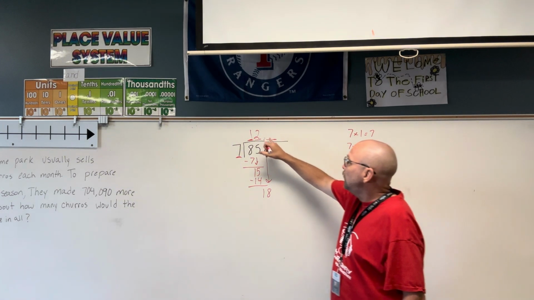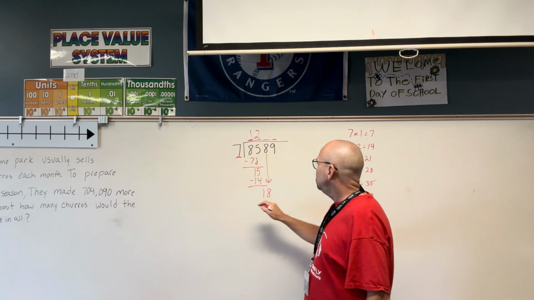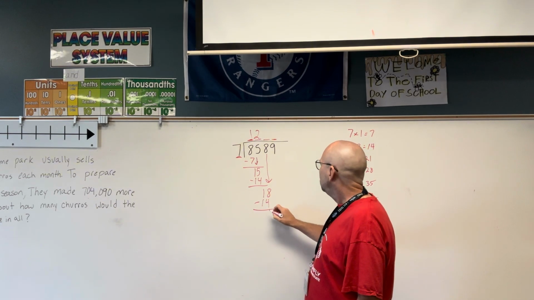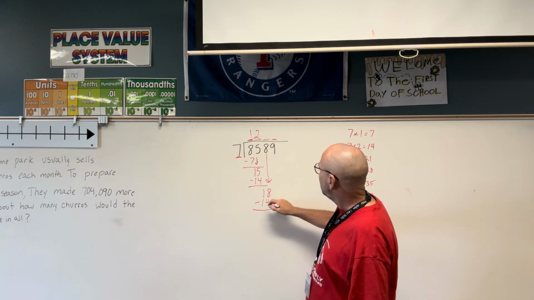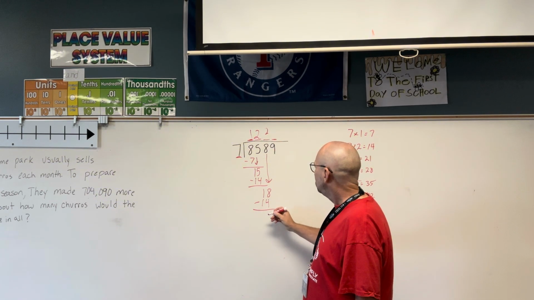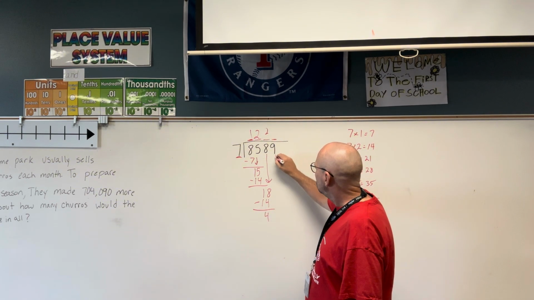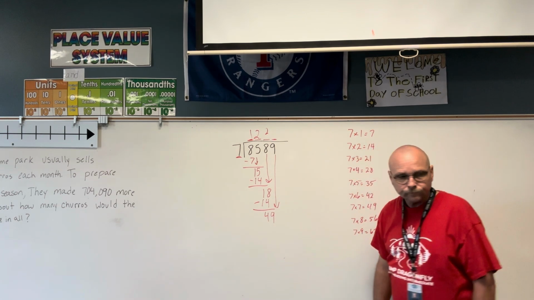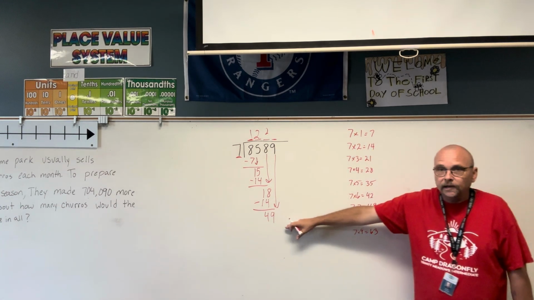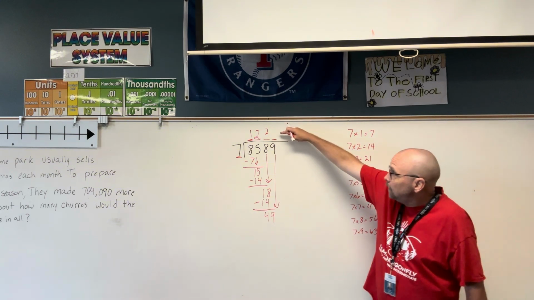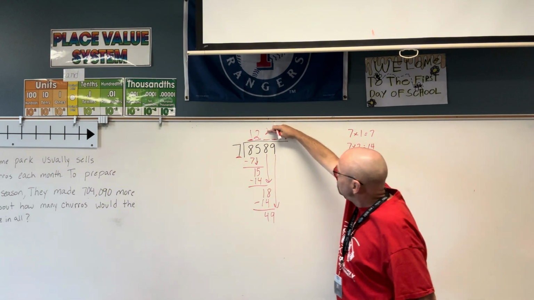So I multiply 2 times 7, which is 14. And that means it's going to go 2 here, which is 14, which gives me a 4. Then I bring down the 9. I have 49. I'm taking 7 into 49. Whatever I get is going to go above the 9.